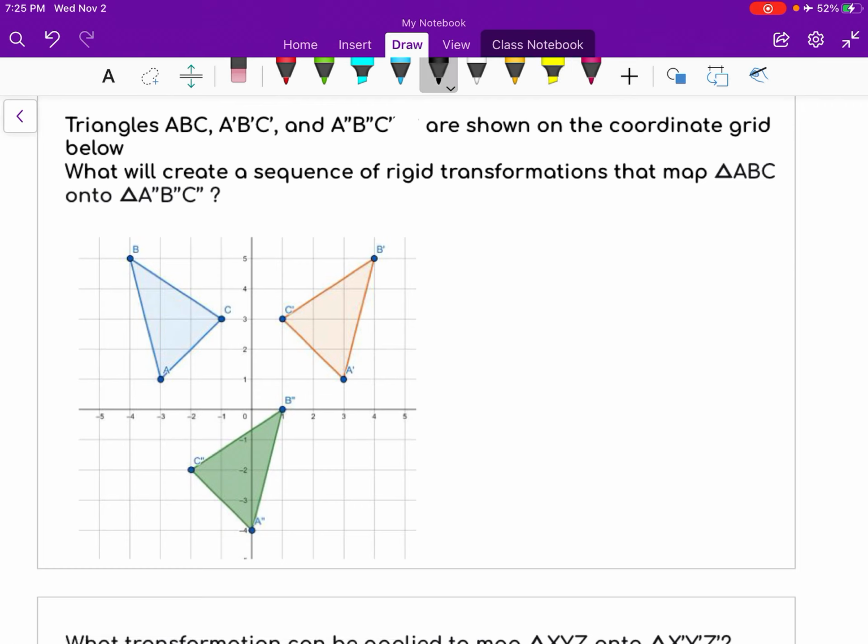Question number 2 says that triangles ABC, A prime, B prime, C prime, and A double prime, B double prime, C double prime are shown on the coordinate grid below. What we want to do is figure out what sequence of rigid transformations will map triangle ABC onto A double prime, B double prime, C double prime.